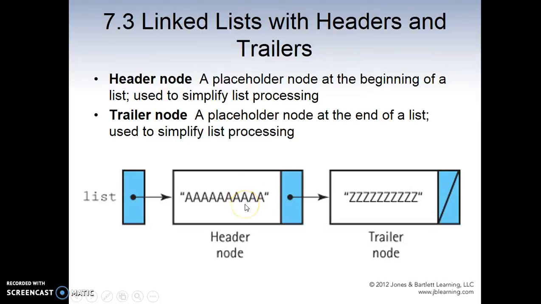It is going to hold the smallest values, that's why it's A, and the trailer node is going to hold the end of the list values, the largest values. This is easy, right?